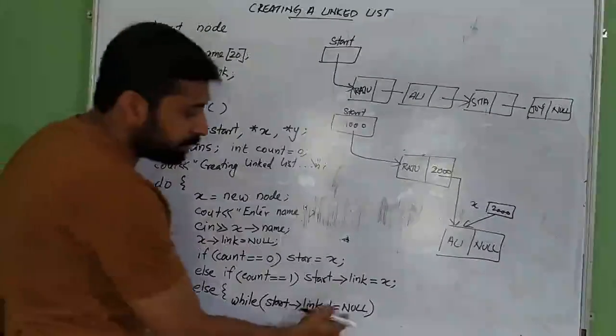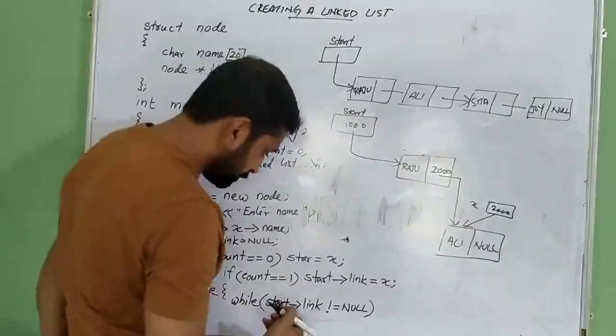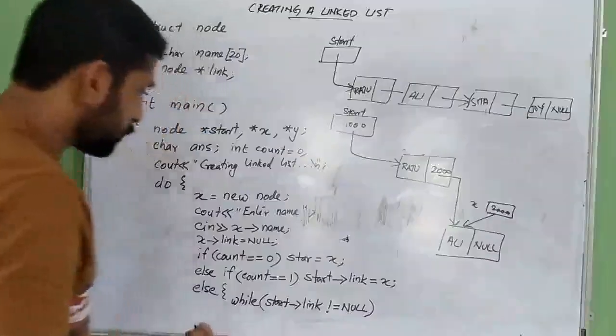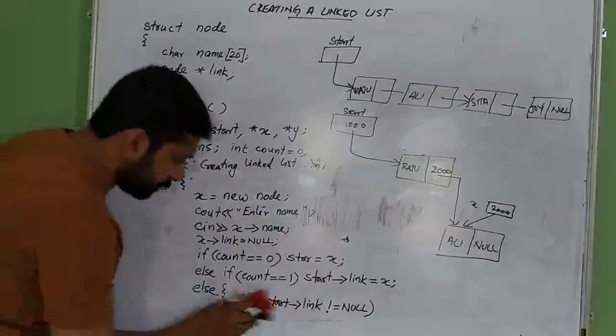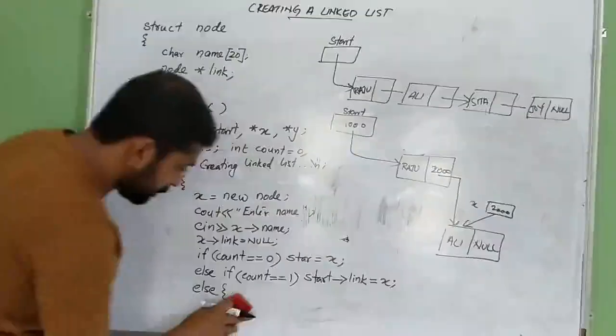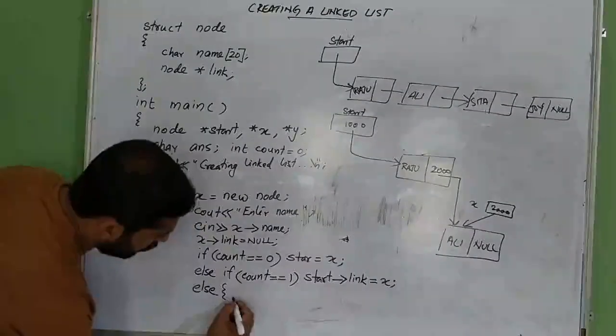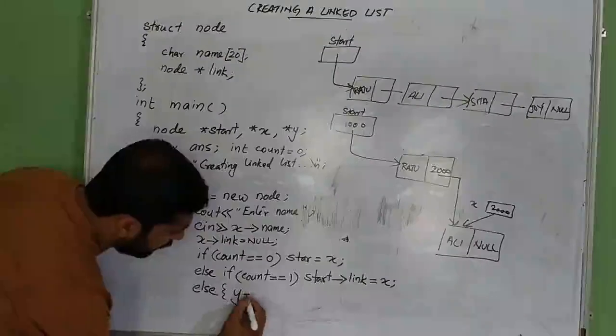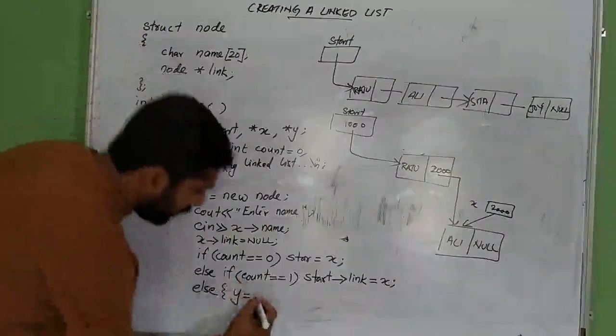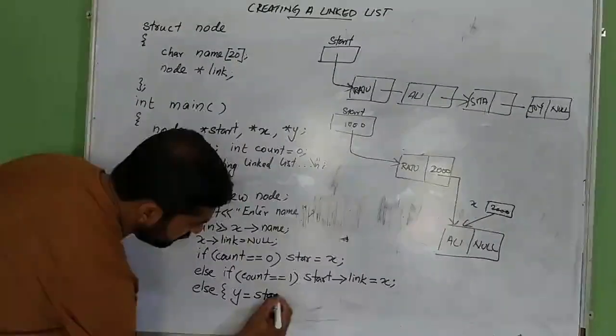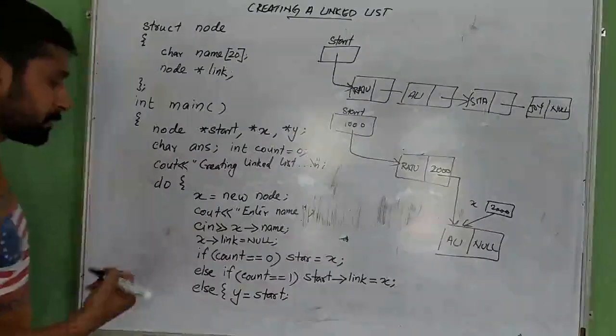So here we have to make another thing before doing this. Y equal to start, we have created another node here, y equal to start. You cannot change the start.